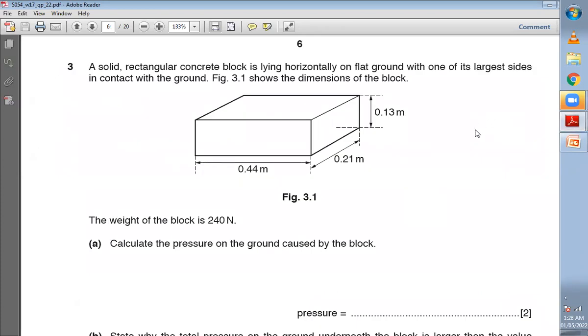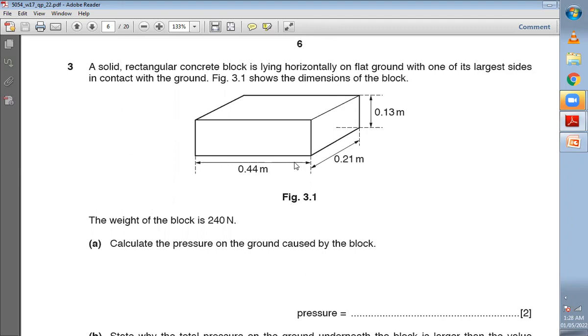A solid rectangular concrete block is lying horizontally on flat ground with one of its largest sides in contact with the ground. Figure 3.1 shows the dimensions of the block. The length is 0.44 meter, the width 0.21 meter, and the height is 0.13 meter.